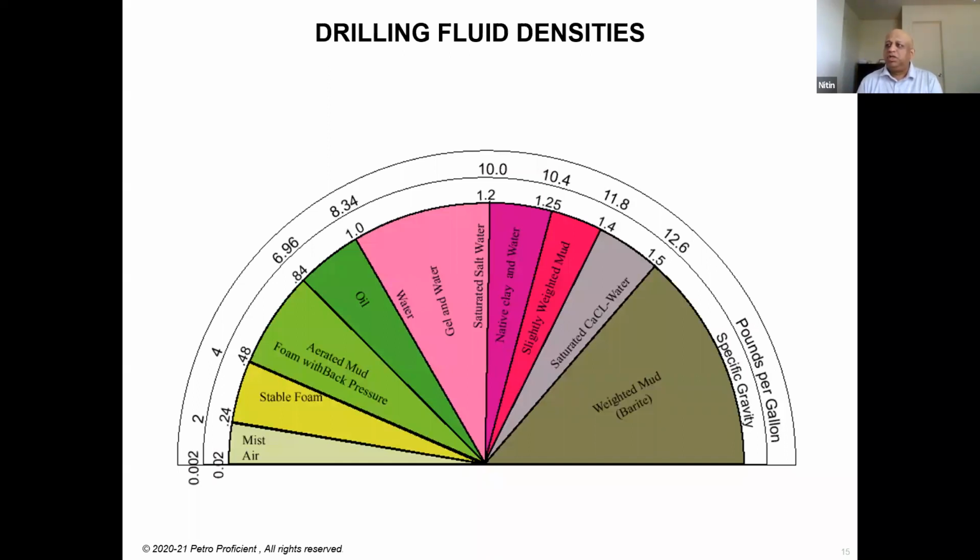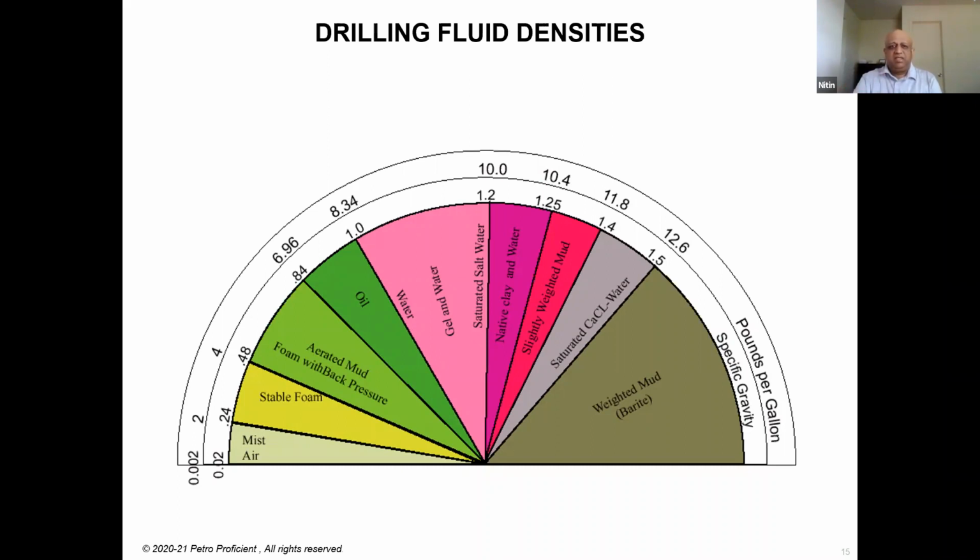And if you are using water, gel water or saturated salt water, then you would get density between 8.3 to 10. So if you want to go below 8.5 or 8.6 ppg drilling mud density, you need to use one of these techniques that we just discussed. And there are calculations and engineering assessments that need to be done before you decide the most suitable technique for you.